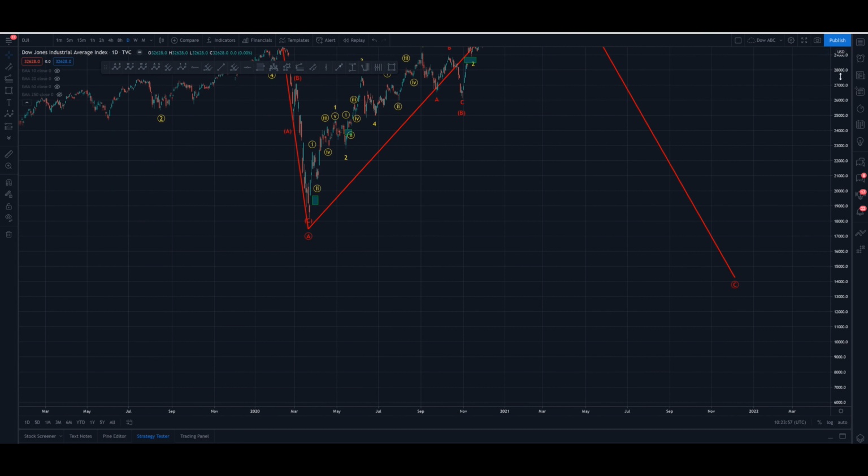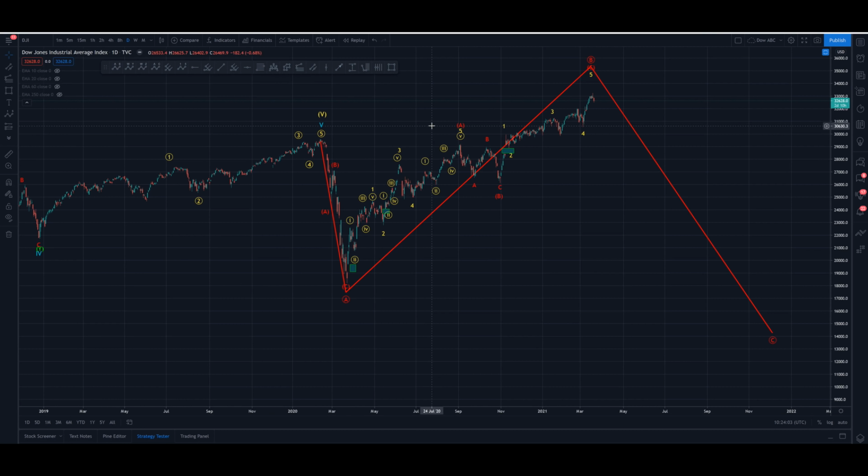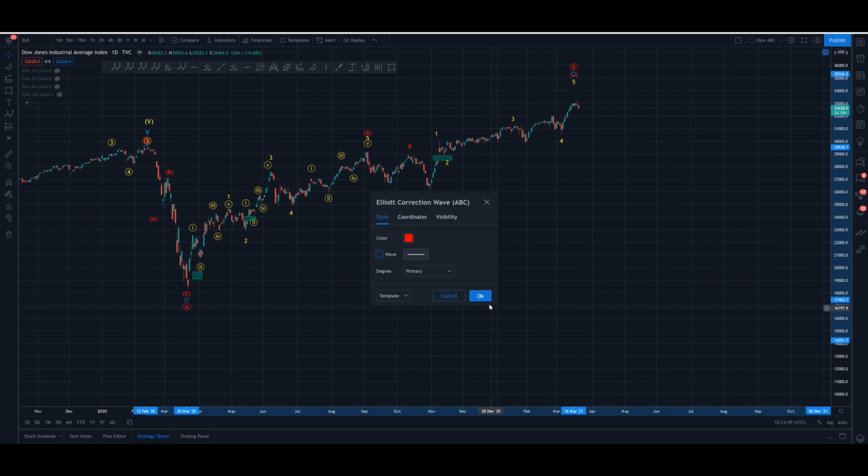And then you will see 5 waves down in a C, taking us significantly lower into a devastating bear market. So this is another idea of divergence: rather than the Dow diverging now because it's going higher, the Dow was the first to peak and to die.